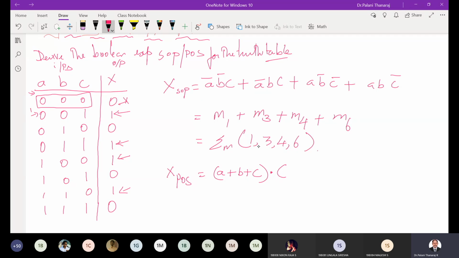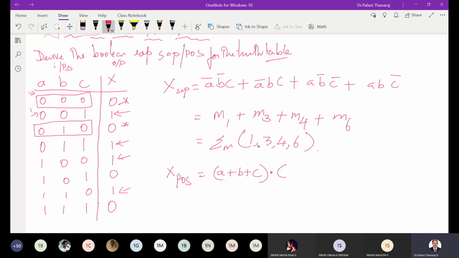Nixon, which combination? The next 0, where you can find it here. Just tell me what is now the sum term for this combination.